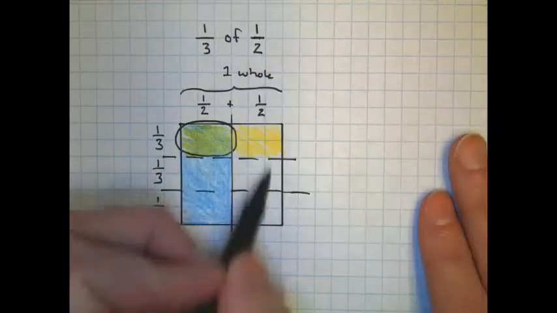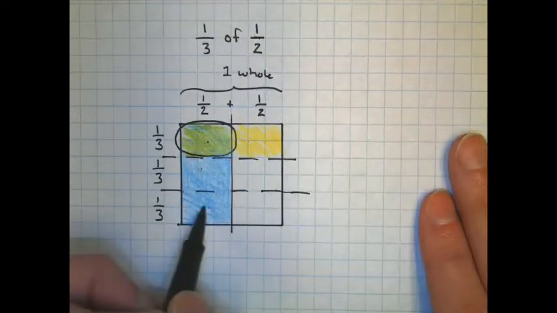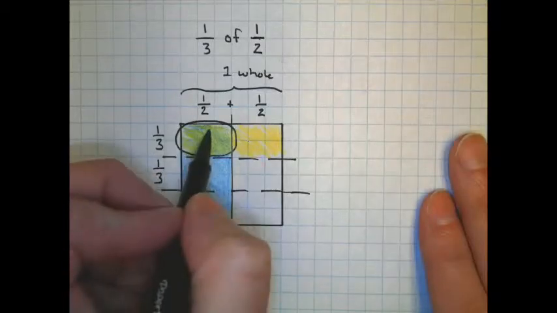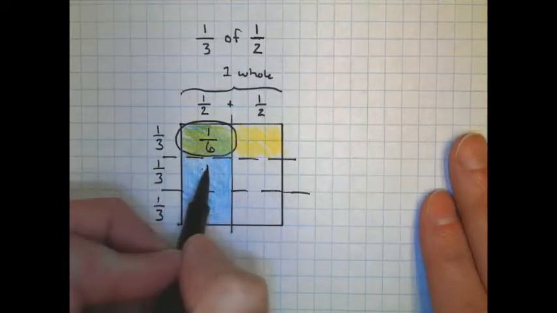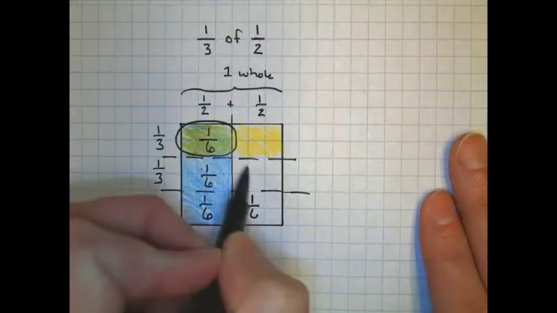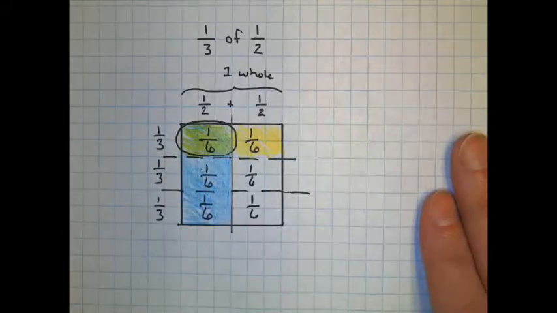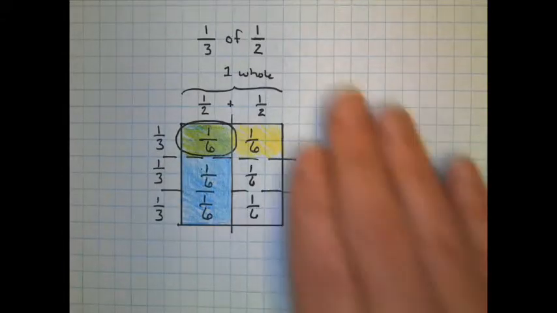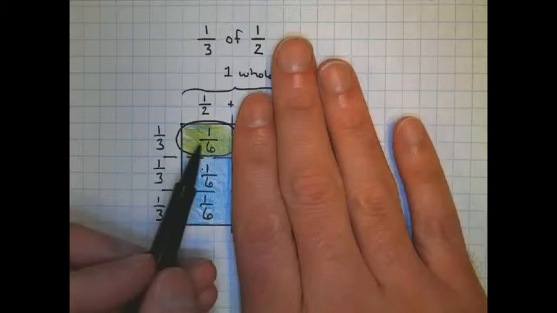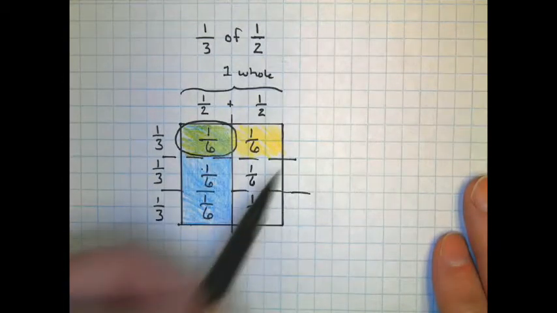And I'm noticing that my entire whole has been broken up into 1, 2, 3, 4, 5, 6 pieces. So each one of these sections is worth 1/6. And I want just that 1/3 of that 1/2, which is this piece right here, and that is 1/6 of my entire whole.